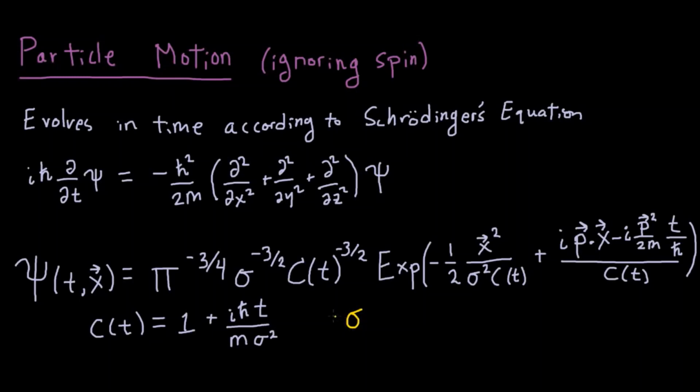But right now it's just a number. And then we have c of t to the negative 3/2. As I've written below, c of t is just some other function I've defined that's equal to 1 plus i times h bar times t over m times sigma squared. Now m, as I've said previously, is just the mass of our particle.